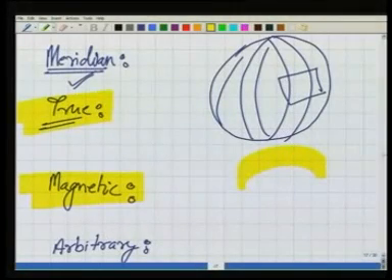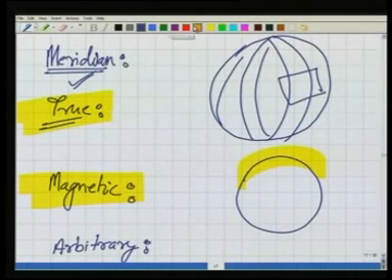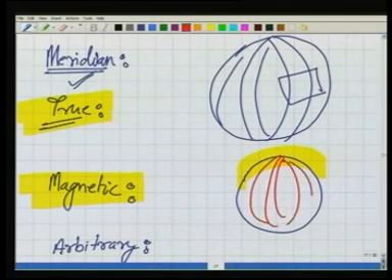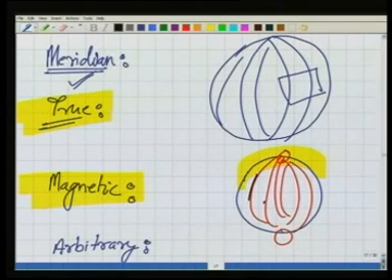Because we can think of the earth, if that's our earth here, as having magnetic lines passing through north and south. So at any point our needle will align itself along these lines.